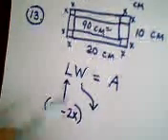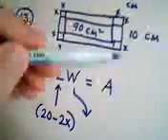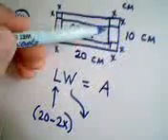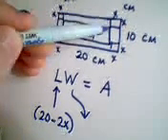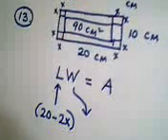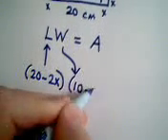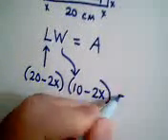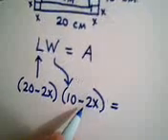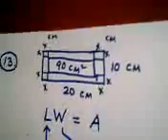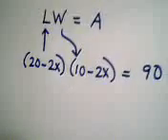And likewise, the original width of the piece of paper was 10 centimeters. But when I just look at the bottom of the box, I started with 10, but I took away x twice. So the width of the bottom of the box would be 10 minus 2x. And I know that the length of the bottom of the box times the width of the bottom of the box gives me the area of the bottom of the box, which is 90 square centimeters.